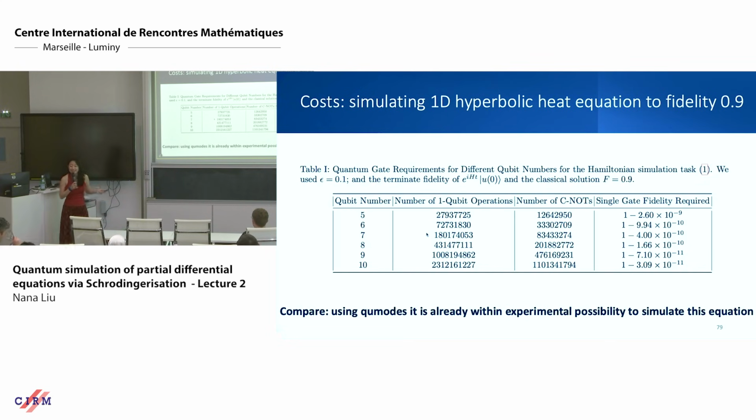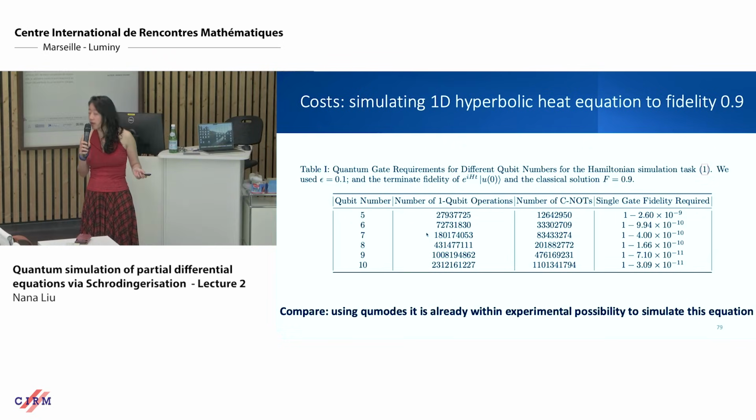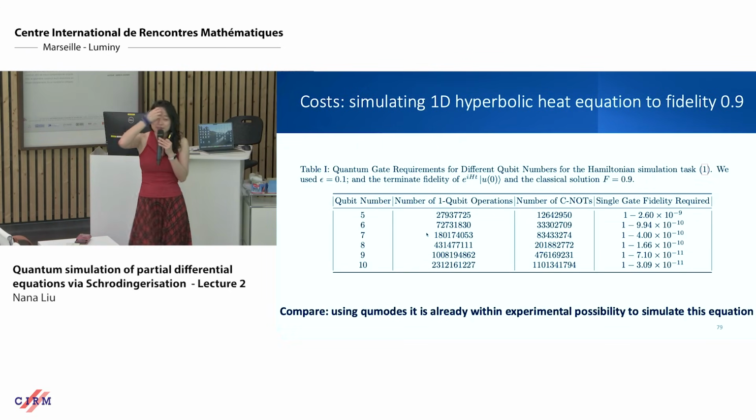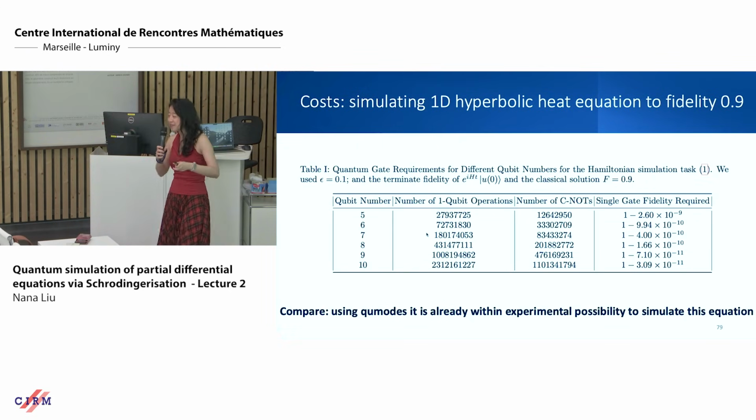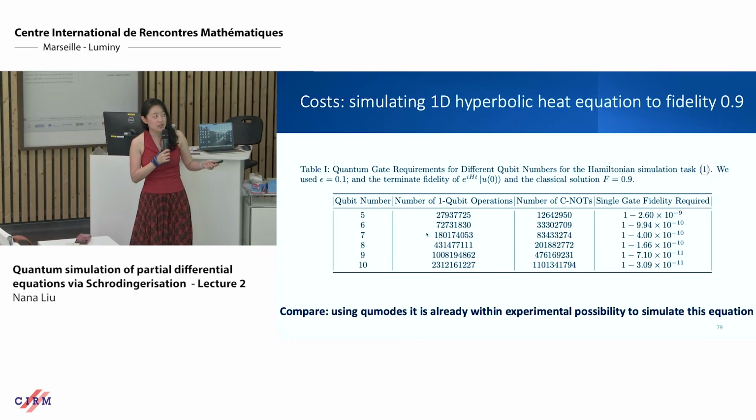A small question on the CNOTs. Does this solution assume that there is full connectivity between the qubits? Here there are no assumptions about whether things are less connected. This is the best case scenario. So the question was, do these estimates of CNOTs make any assumptions about all-to-all connectivity?